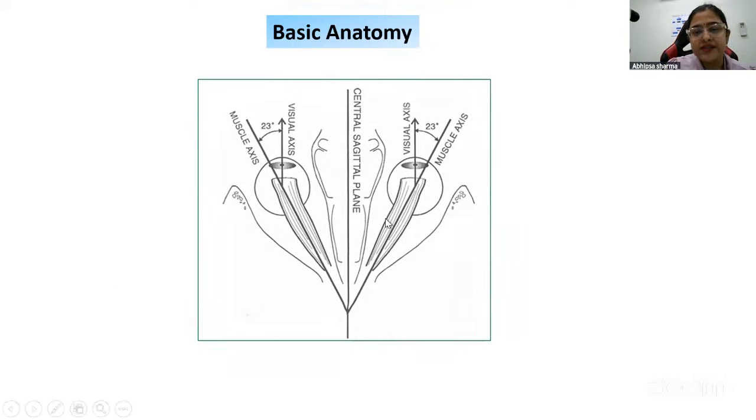So the orbit is aligned along this muscle axis and the visual axis is around 23 degrees away from the muscle axis. So the visual axis and the muscle axis of the superior rectus will make an angle of 23 degrees between each other.